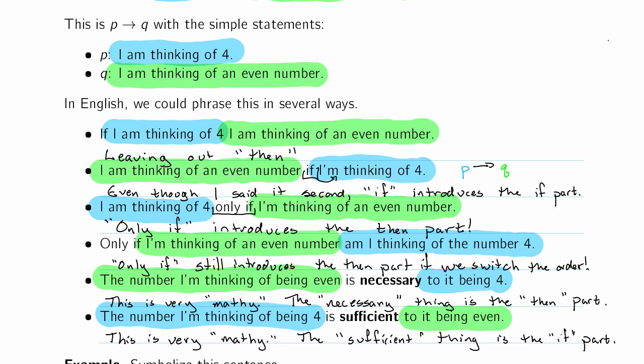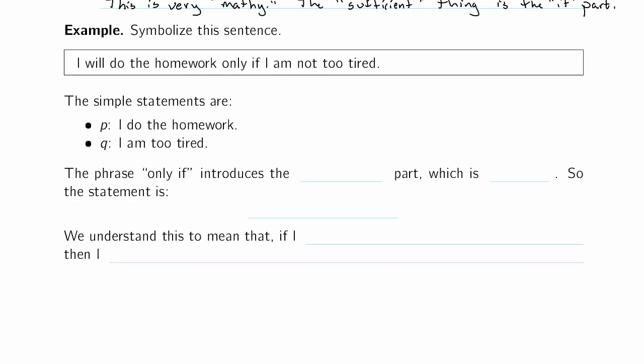Let's see an example that uses one of these. Suppose we want to symbolize the sentence, I will do the homework only if I am not too tired. So we have the simple statement, I will do the homework, we'll call that P. And the simple statement, I am too tired, is our simple statement, right? We're going to negate that. Okay, so our connector here is this only if.